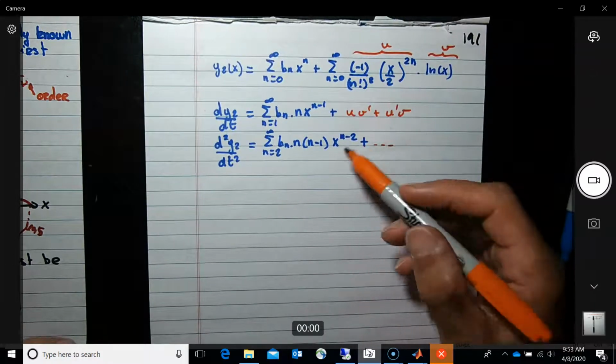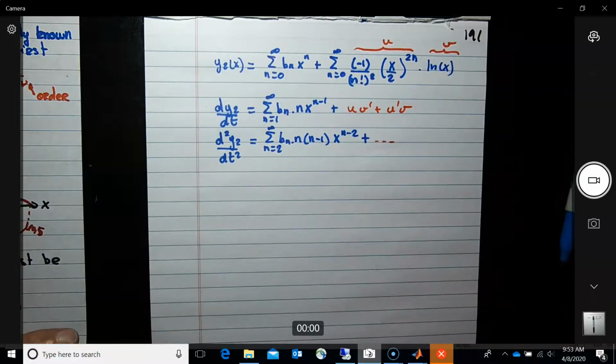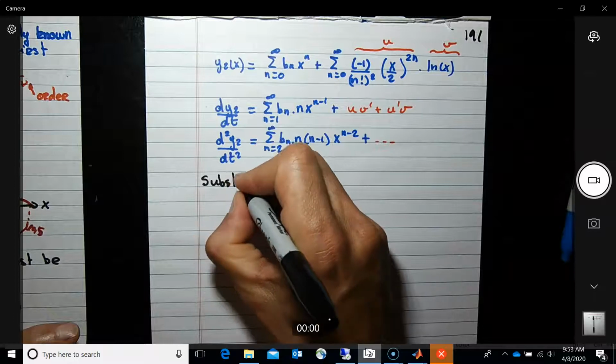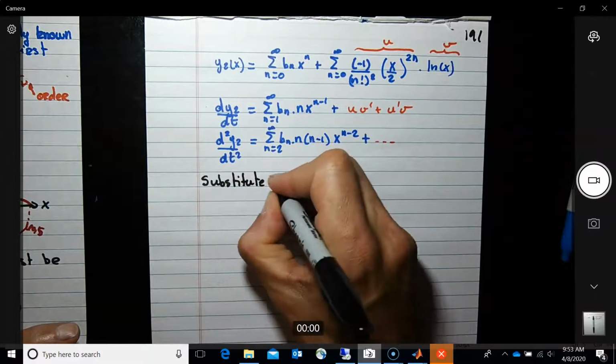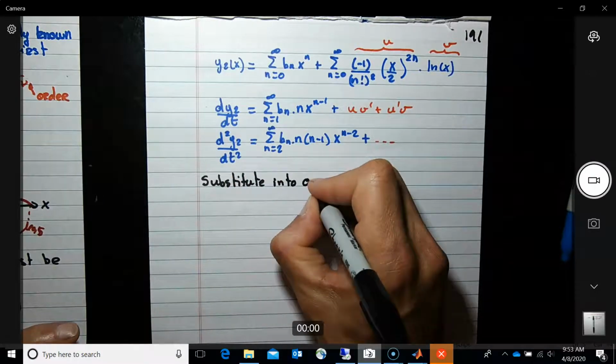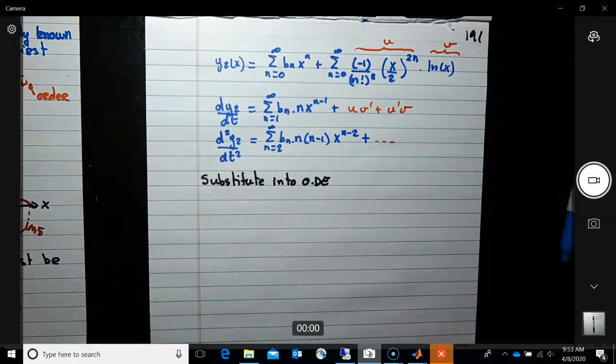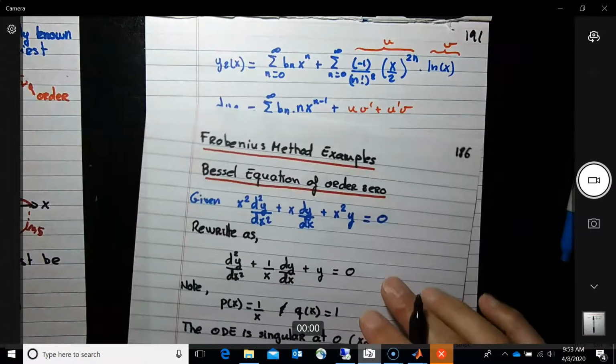All right, so you do this, then you substitute into the ODE. What is the ODE in our case? It is again that equation here.